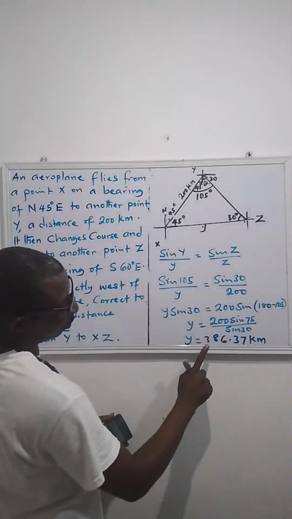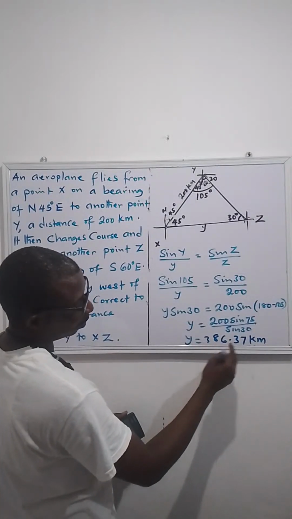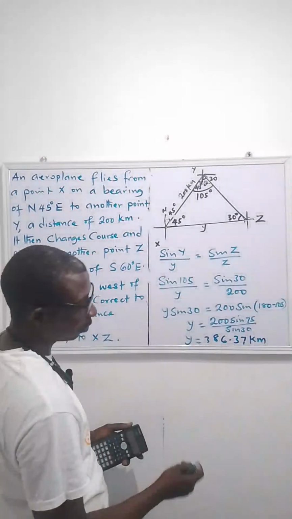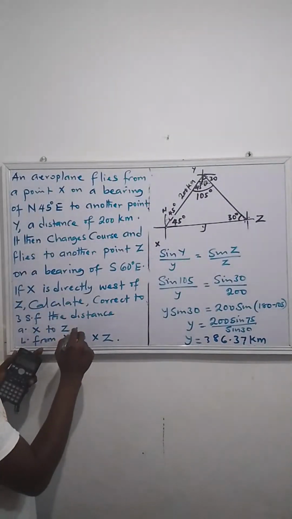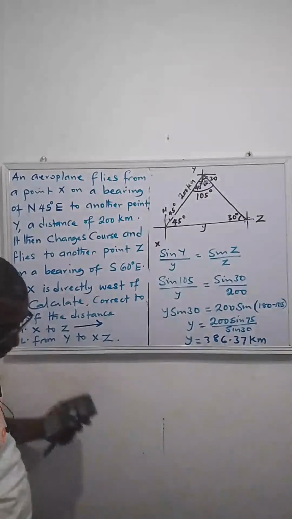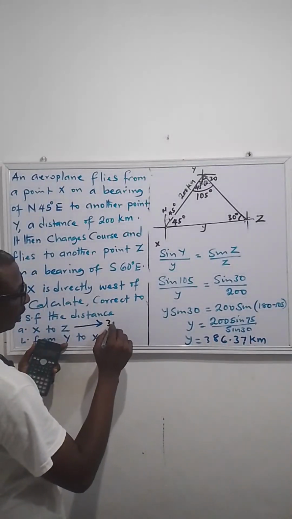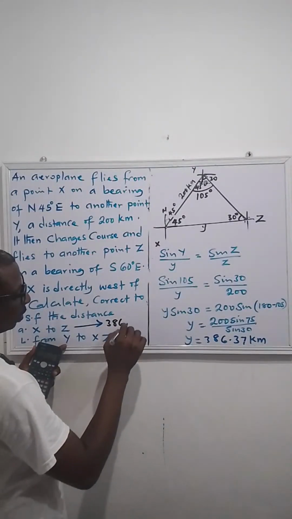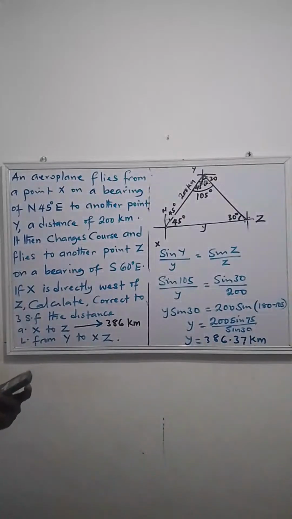So I have to correct this to 3. I count 1, 2, 3, so I will truncate the remaining ones. My final answer to this first one is 386 kilometers.